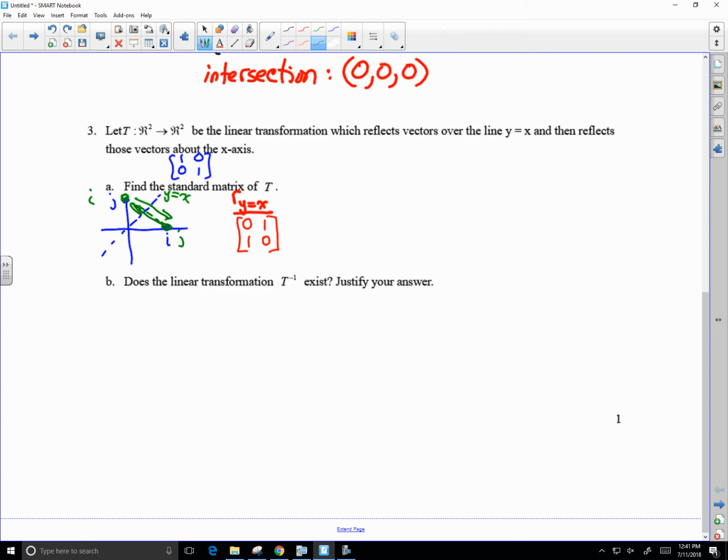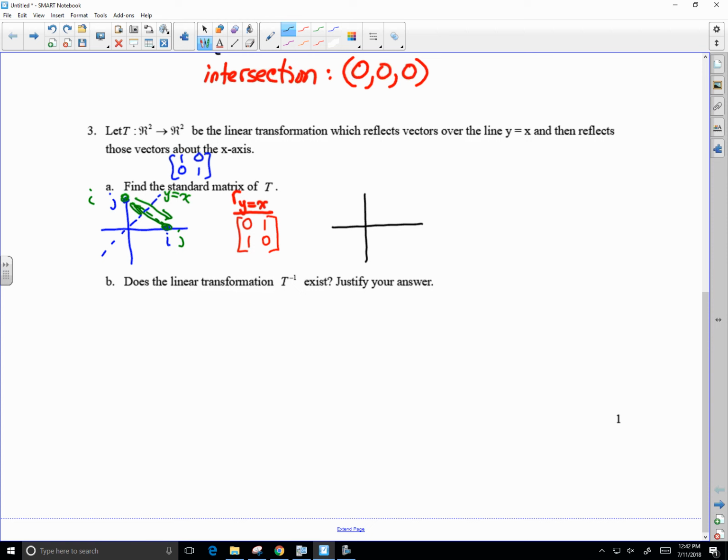All right, now if I want to reflect over the x-axis, you have two choices here. Because matrix multiplication actually performs a transformation.